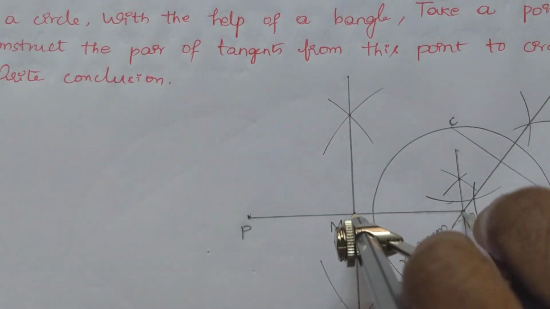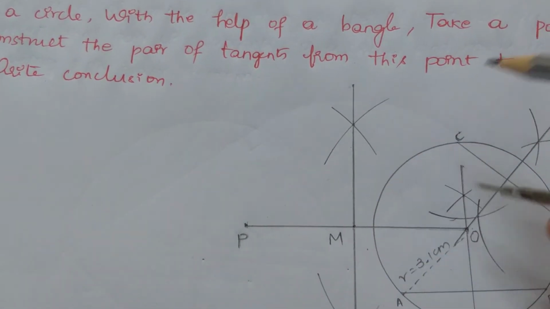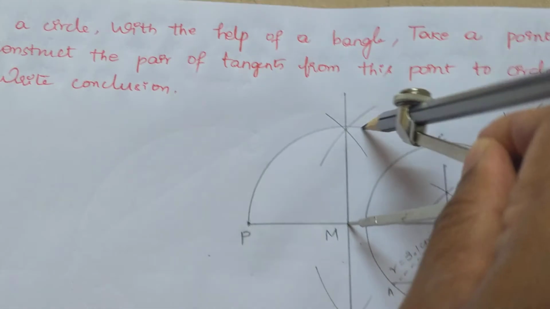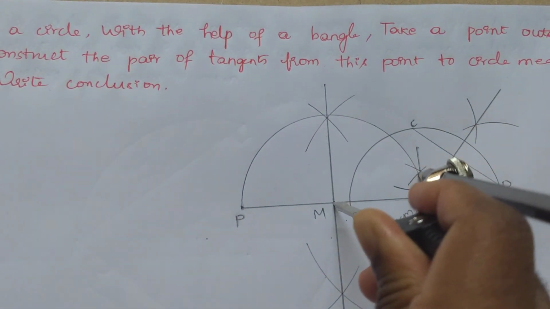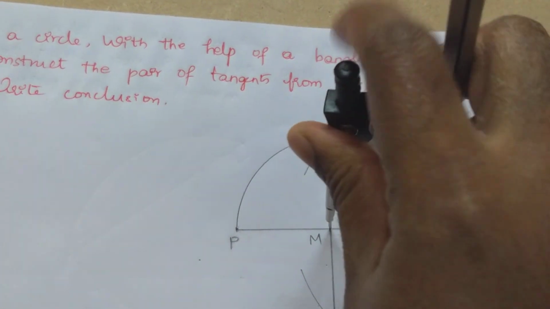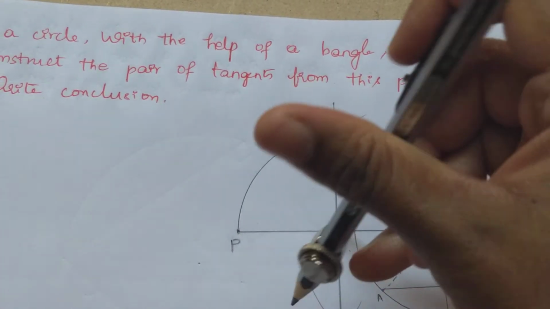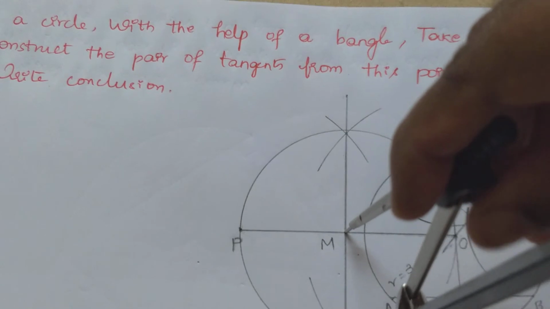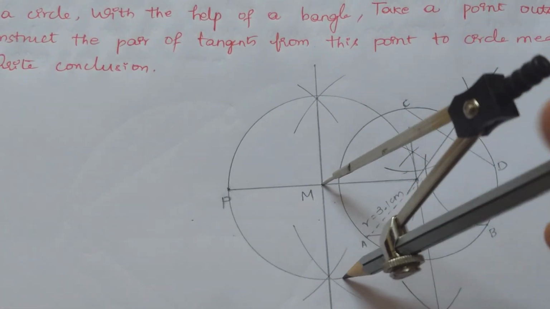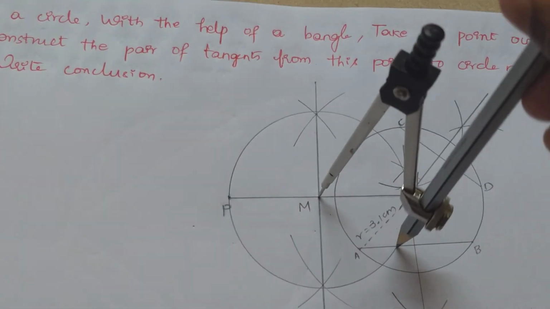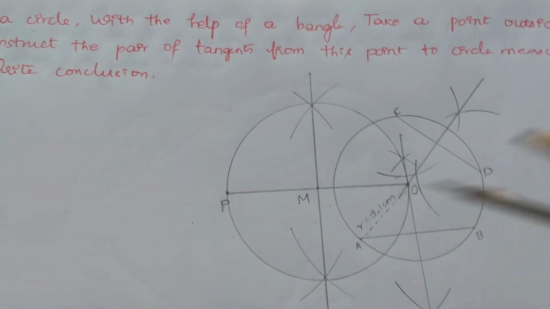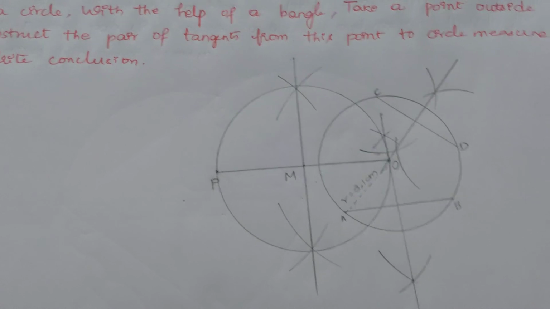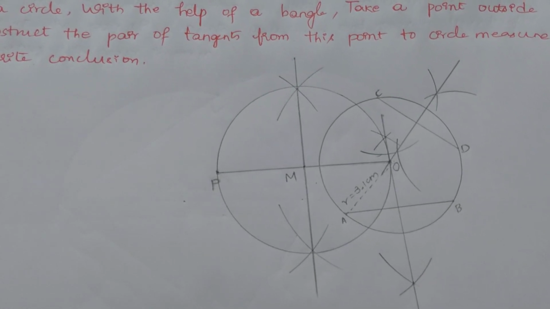So taking M as center, let me draw the circle. You can see here I have just drawn a circle taking M as center and PM or MO as radius.